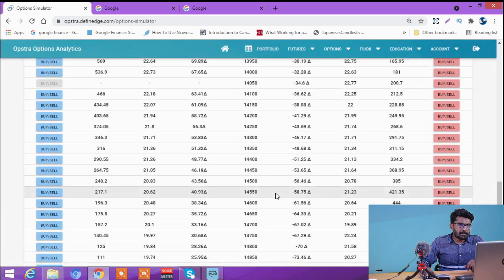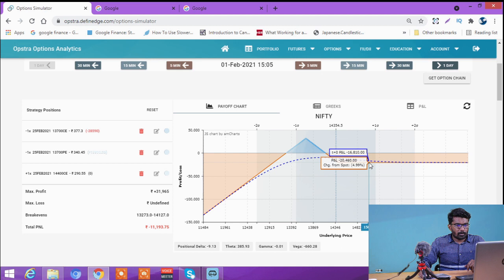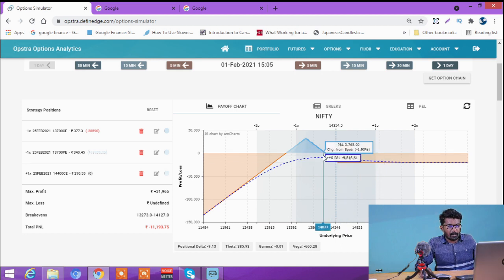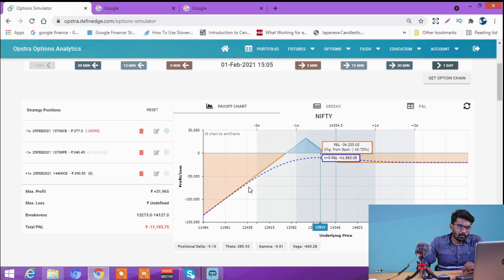This is the first step of the adjustment. Once you do it, on the upside your loss is going to be less. Your maximum loss if the market expires around 14,300 is going to be around 20 or 15,000. So this is the first step of the adjustment strategy.